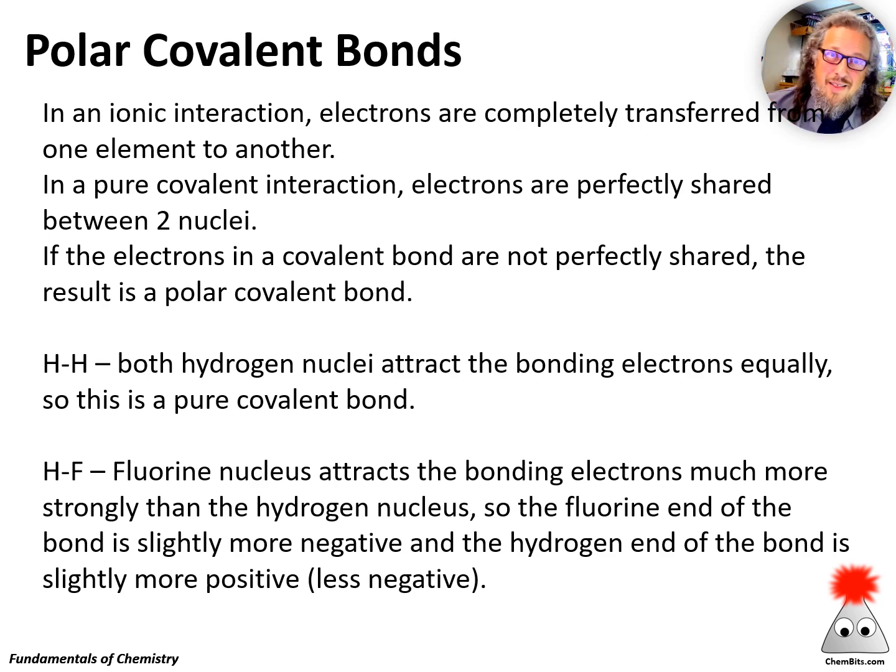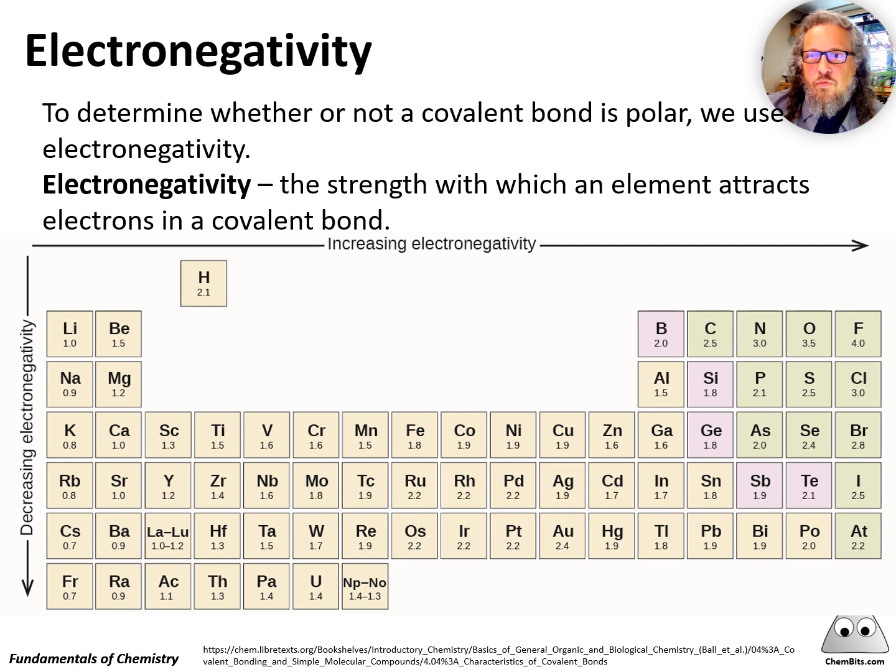How do we predict that? Well, fortunately, we've got a really nice tool called electronegativity. Electronegativity is the strength with which an element attracts electrons in a covalent bond. It sounds like exactly what we need. And if we look at the periodic table, it is a pretty consistent trend.